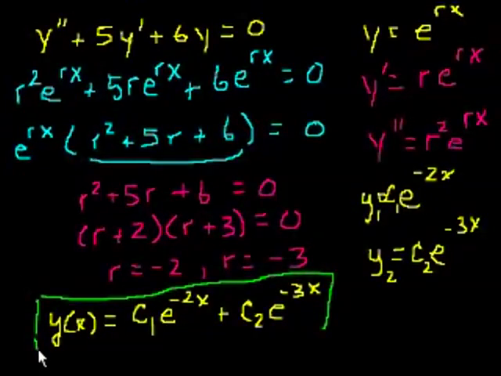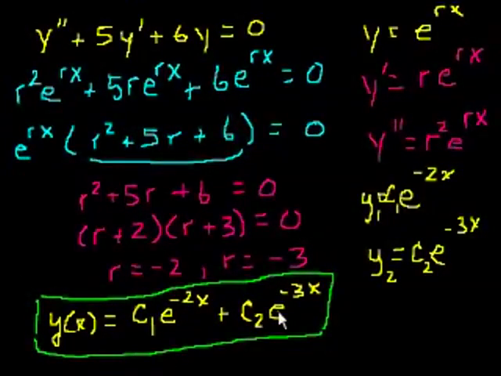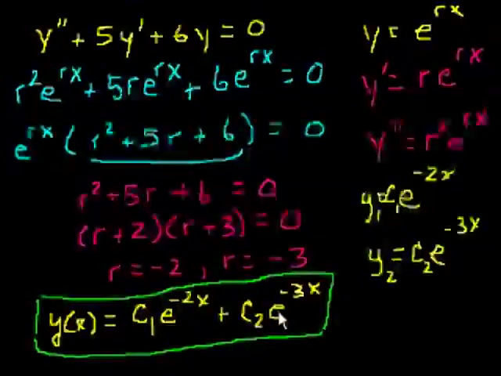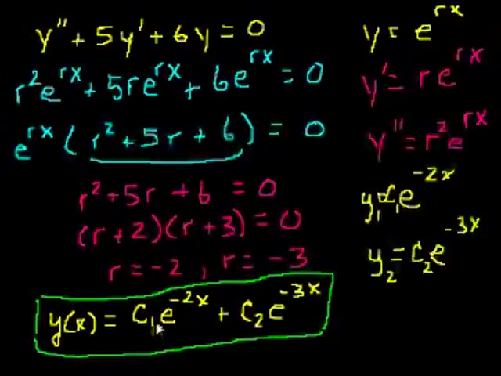And so the other question that might be popping in your brain is, Sal, when we did first order differential equations, we only had one constant, and that was okay, because we had one set of initial conditions and we solved for our constants. But here I have two constants. So if I wanted a particular solution, how can I solve for two variables if I'm only given one initial condition?